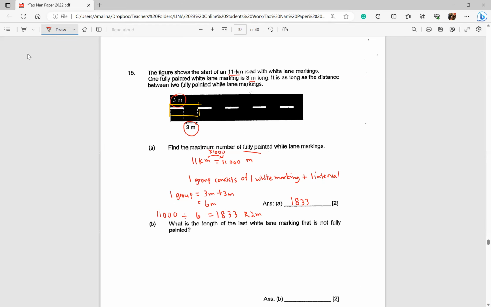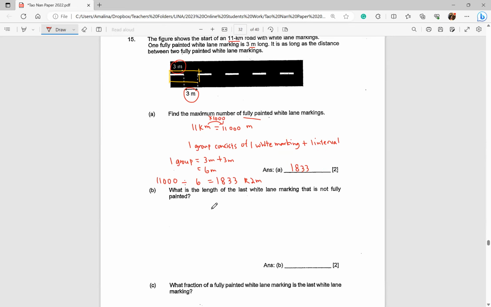Now for part B, what is the length of the last white lane marking that is not fully painted? So they're referring to these 2 meters. It means I will have 1,833 white lane markings, and then the last one I will have to paint. So this one is only 2 meters long.